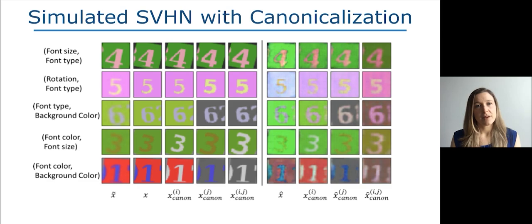And this simulator, again, is going to provide canonicalizations across different factors of variation, like font size, font type, rotation. And given a particular input image, we'd like to be able to perform different latent transformations which result in different output canonicalized images.